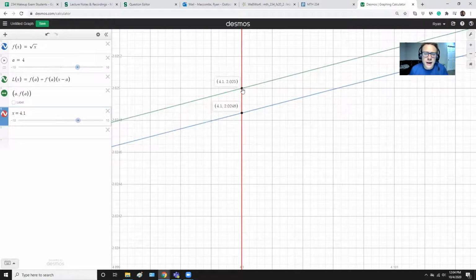That's not even thousandths, those are ten-thousandths. So this isn't off by much at all. And so the linearization equation, this tangent line, can be used to approximate things that are quite difficult to calculate. And that is exactly what we want to do now in a higher dimensional sense.